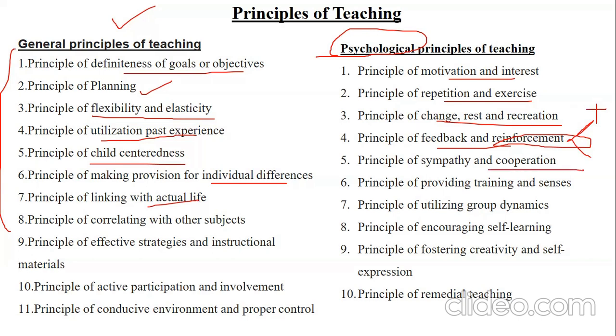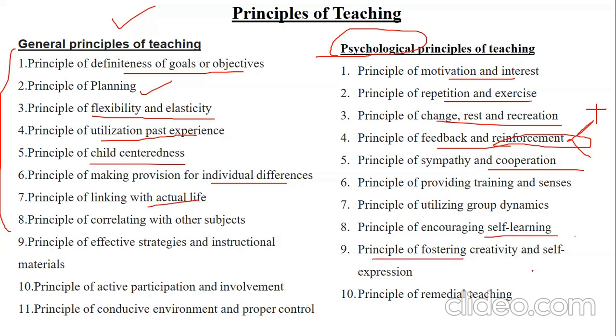Sympathy and cooperation wherever needed. Every time, the teacher has to have some sympathetic behavior towards the child. Training, providing training to the senses, and utilizing group dynamics, the group team spirit. Encouraging self-learning, to become a self-initiator and self-starter, so that the child can take things on his own and it becomes easier for the child to go with reflective learning.